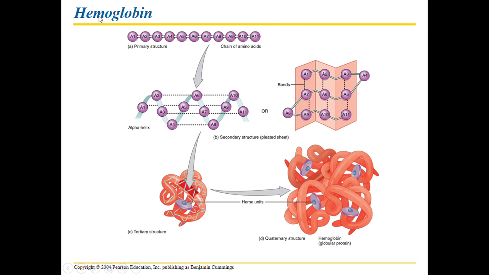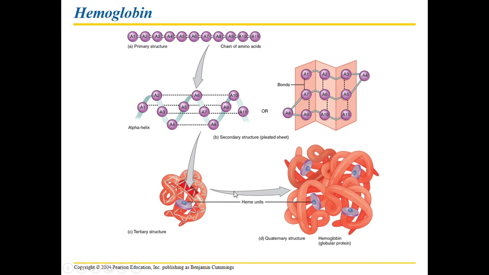Another example is hemoglobin. So we have primary, again, a list of amino acids. Secondary parts will be alpha helices, other parts will be beta pleated sheets. We have tertiary, that has one subunit of hemoglobin.